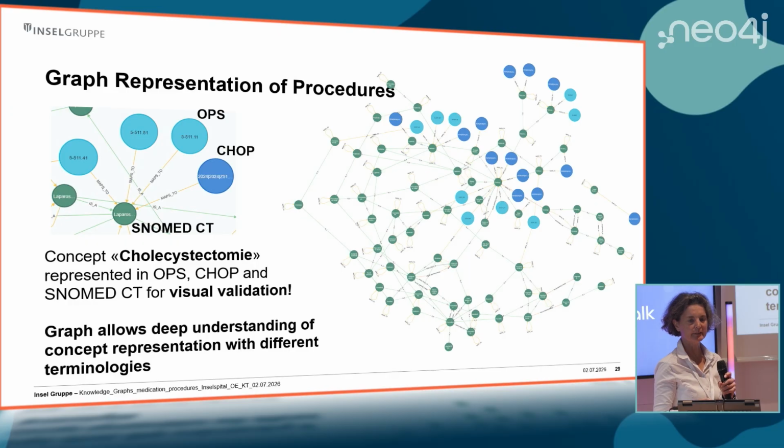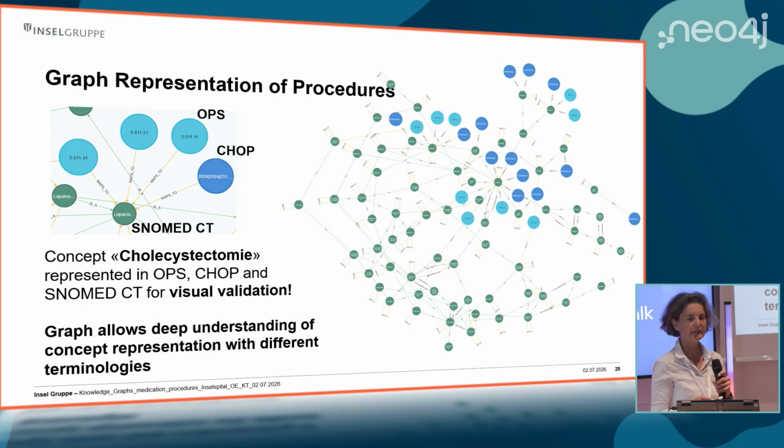So in Neo4j we visualized the mapping to OPS, the German classification, as well as to the Swiss classification, and also integrated SNOMED-CT as the link to both.